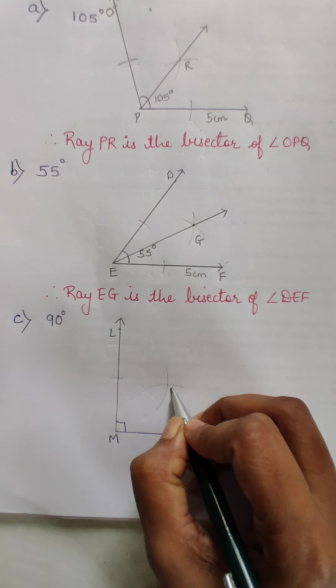So therefore I can say that ray MP is the bisector of angle LMN. So this is our question number 2.